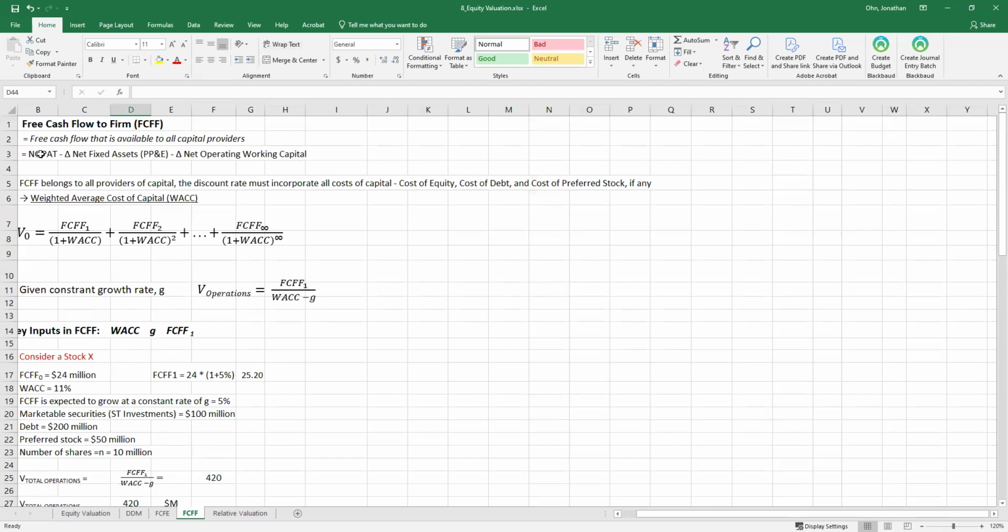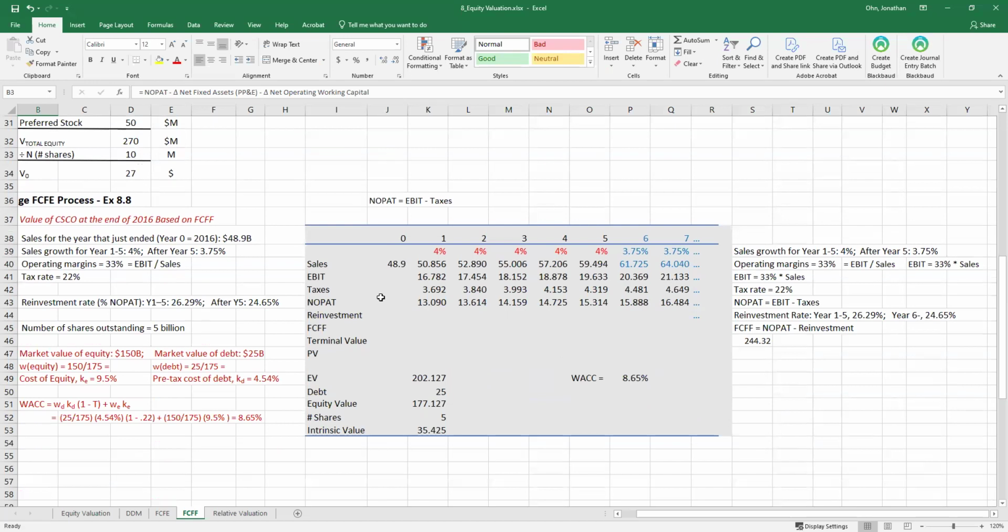I told you NOPAT, and then reinvestment. That means reinvestment in net fixed assets and in net operating working capital; those two are included in the reinvestment. So 26.29% of NOPAT will be reinvested to purchase net fixed assets and operating capital.